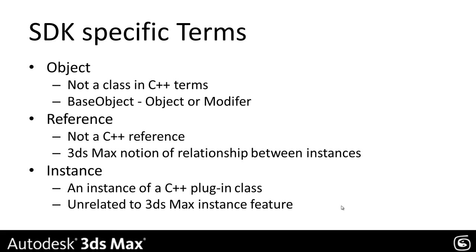And then finally, instance is an instance of a C++ plugin class. This is unrelated to the 3ds Max instance feature. So in 3ds Max you can take an object and instance it, but in the SDK we're referring to the more typical instance of a C++ class.